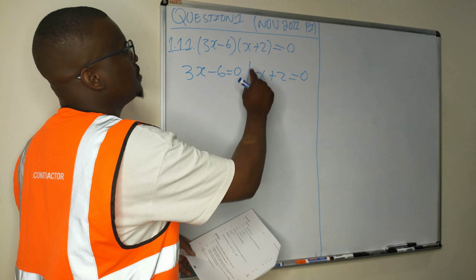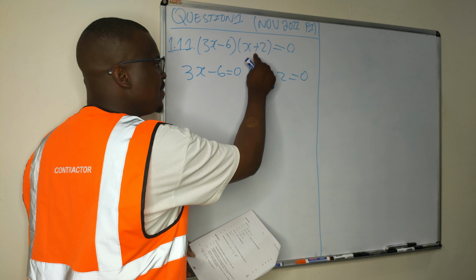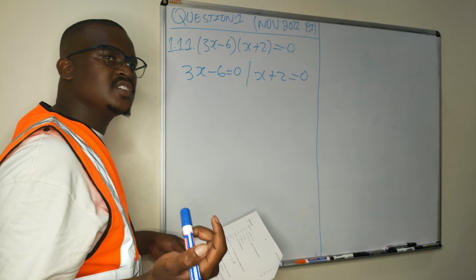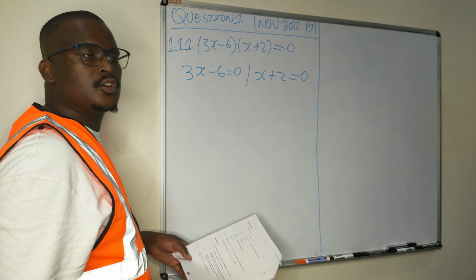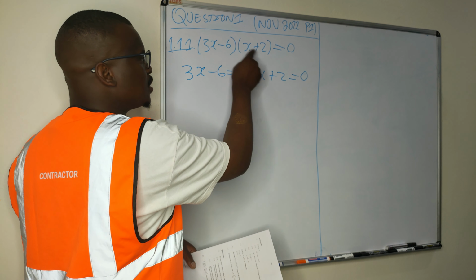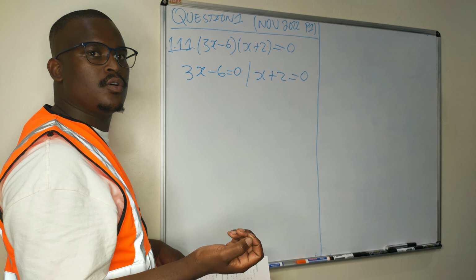Similarly, if this bracket is 0, that means the product of these two brackets will be 0, and the equation is satisfied. So you want the values of x such that the product of these two brackets is 0.